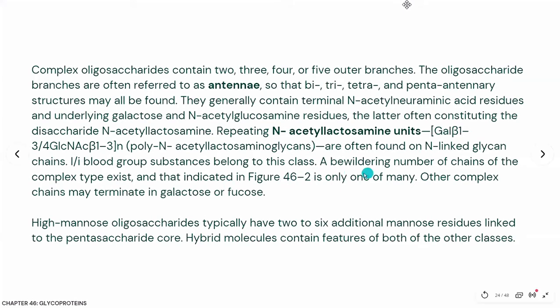So there are complex types which end in galactose or fucose. We said that it usually ends in neuraminic acid. They generally contain terminal N-acetylneuraminic acid. The complex may end in galactose or fucose.